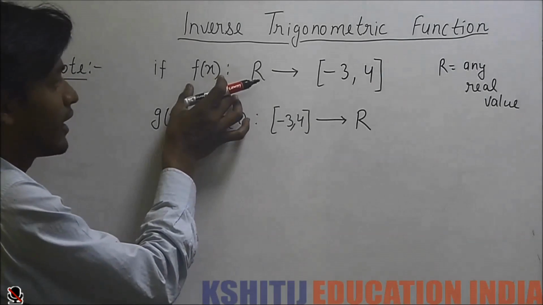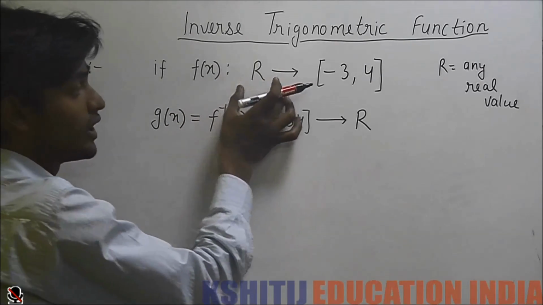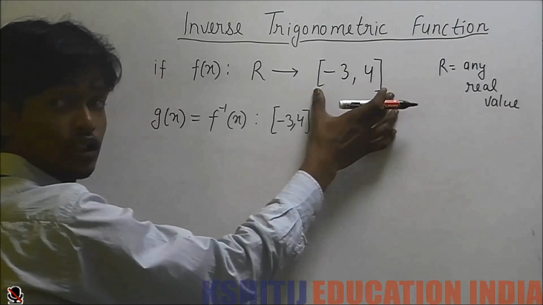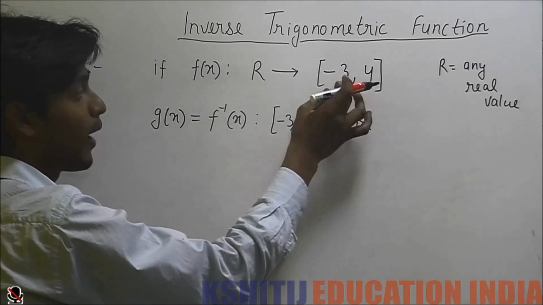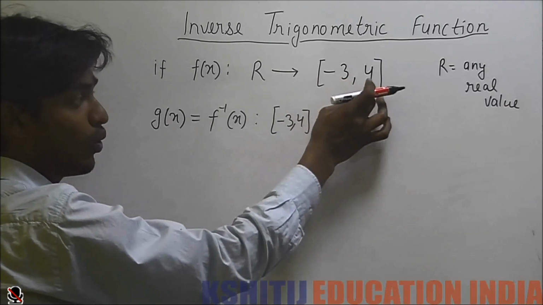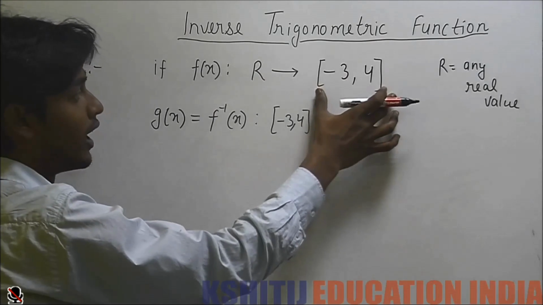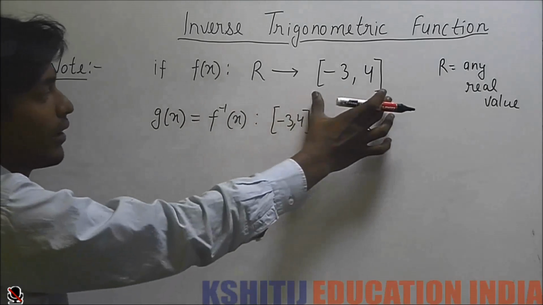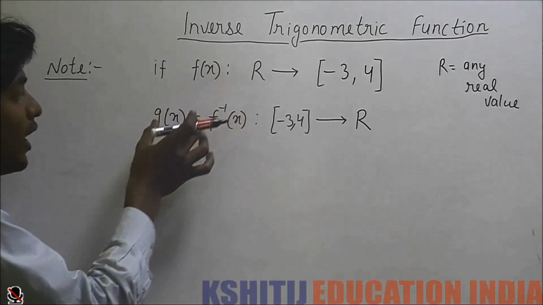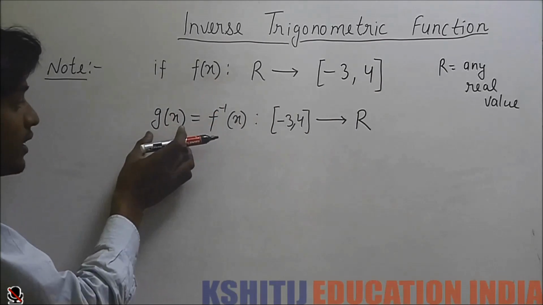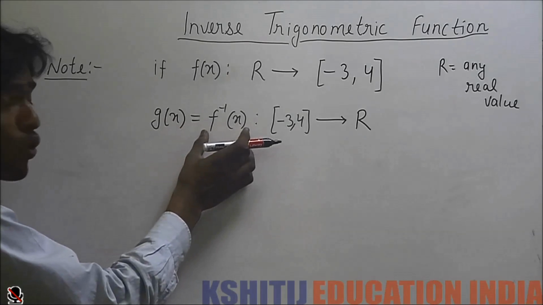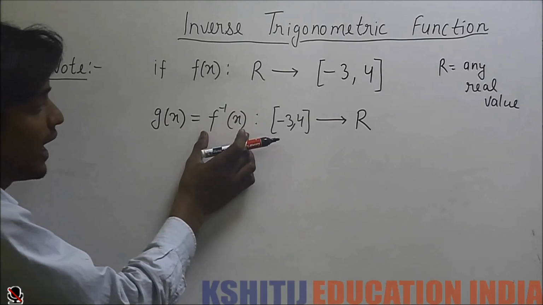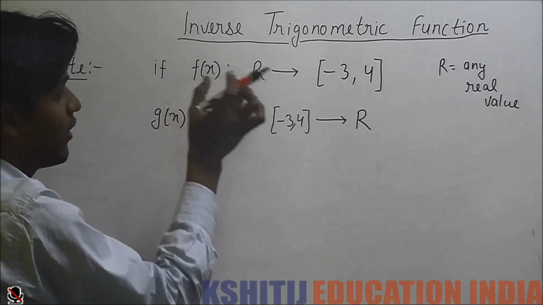The function f(x) has the domain R, which is any real value, and the range of the given function is the closed interval minus 3 to 4. It is the interval in which the values of f(x) lie. Now move on to the inverse of that function, defined by g(x) equal to f inverse x, which is the inverse of the function f(x).